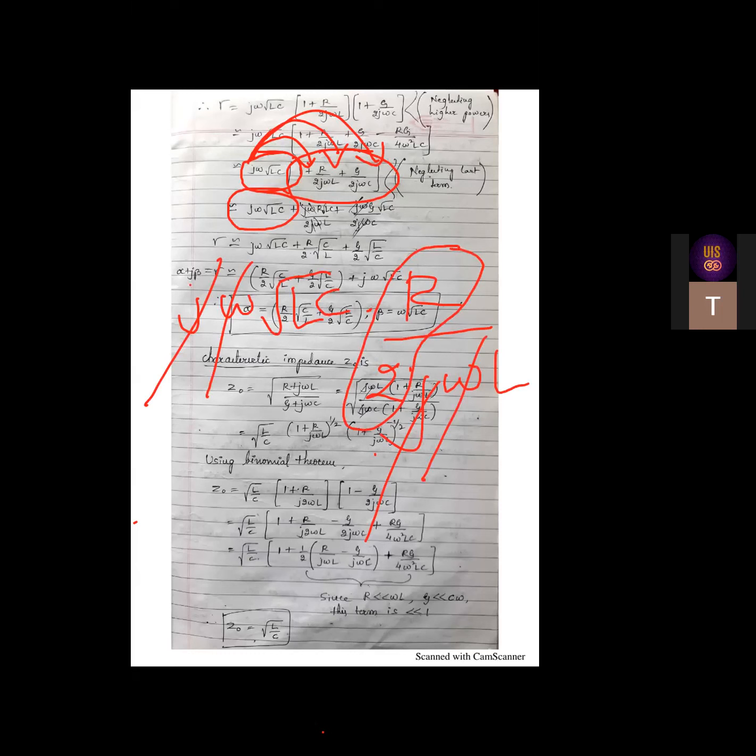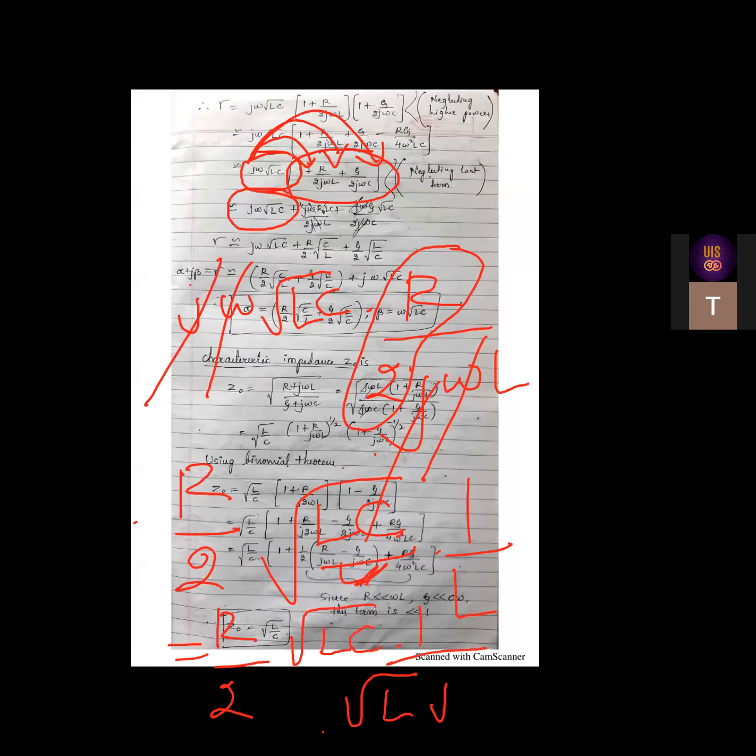The second term is j omega root LC into R by 2j omega L. The j gets cancelled and omega gets cancelled, so you are left with R by 2 square root of LC into 1 by L. Further, R by 2 as it is, square root of LC as it is, and the denominator root L can be written as root L into root L, which gives L. One root L cancels with the numerator, so you get R by 2 root of C by L. That is what I have written here.